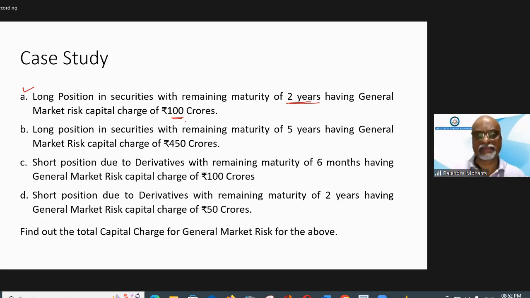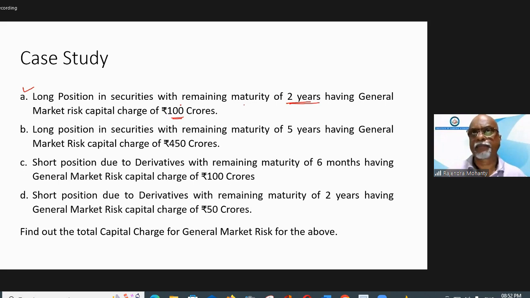Due to adverse market movement, you cannot assure that this 100 crore will be enough for this security. Some more may be required, and for that reason vertical disallowance and horizontal disallowance are calculated.